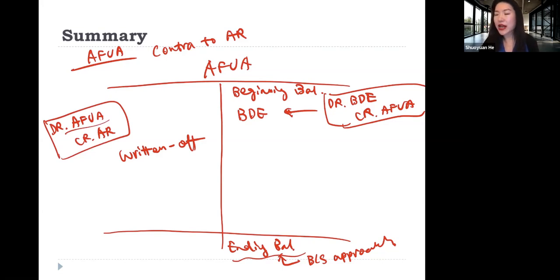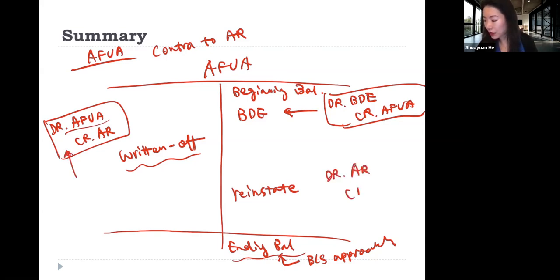And the third situation that will affect the balance of this account, we haven't really mentioned in today's class, but I want to mention it here. Sometimes a firm may have written off some accounts, but later those accounts turned out to be collected. In those situations, we need to reinstate those. The journal entry is to reverse the write-off: debit account receivable, credit allowance for uncollectible account.